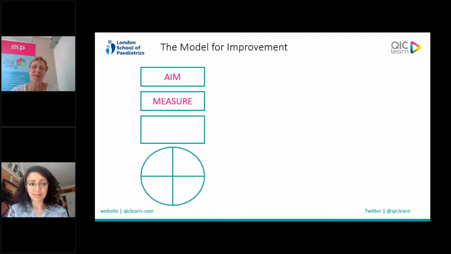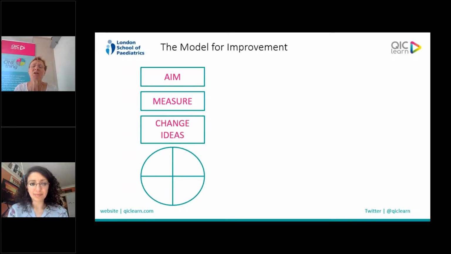So it's not about going straight to the interventions or the solutions, it's about saying, how would we know that we've got there? Again, something we're not really very good at in healthcare, and we don't tend to do it in a timely manner because we don't want to know next year whether we've got there in improvement. We want to know next week or in the next couple of weeks. We don't want to wait forever to find that out.